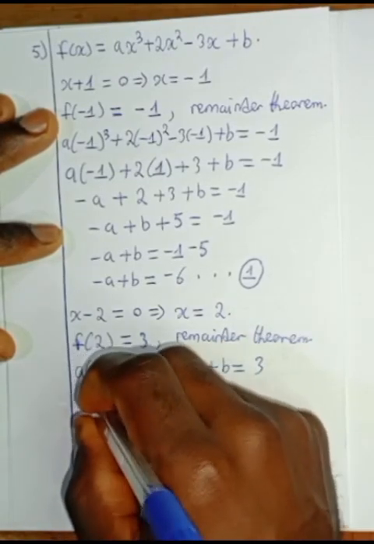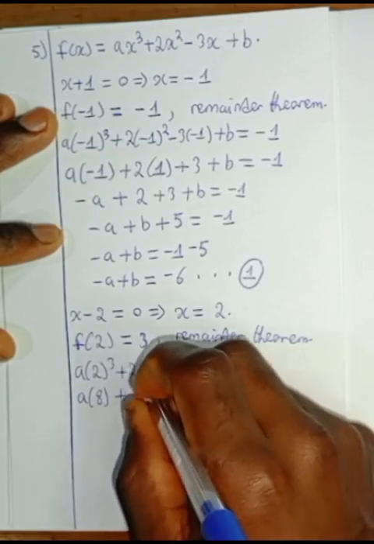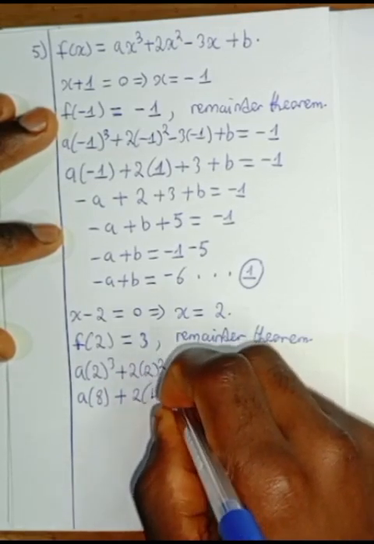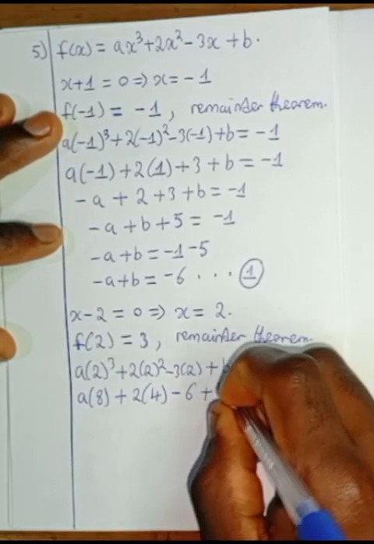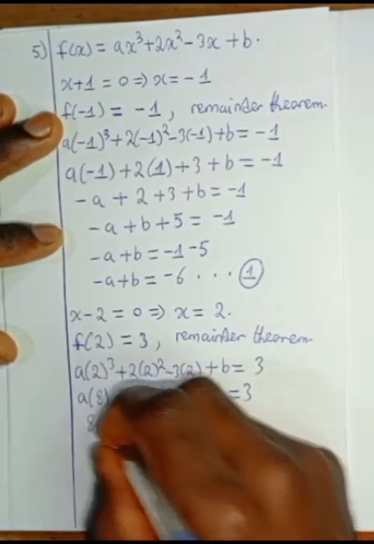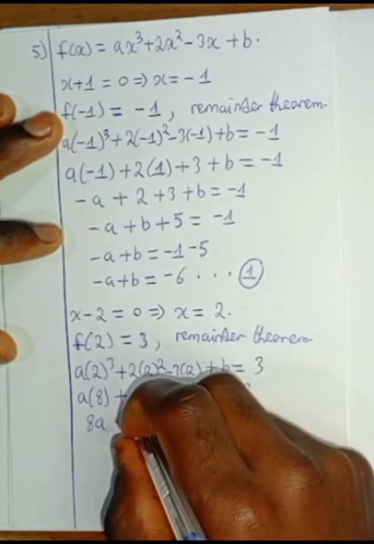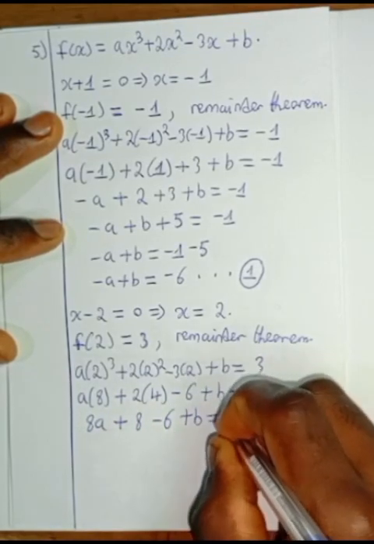This will give us a times 2 cubed gives us 8, plus 2 times 2 squared gives us 4, -3 times 2 gives us -6, plus b is equal to 3. A times 8 gives us 8a, plus 2 times 4 gives 8, minus 6, plus b is equal to 3.